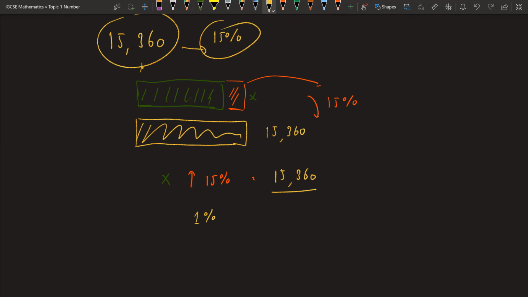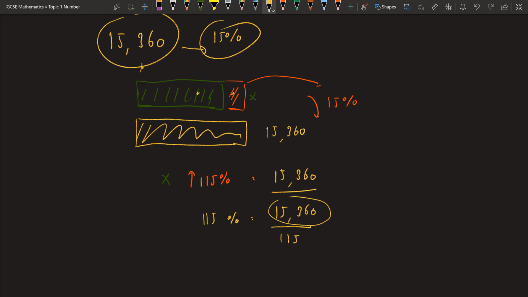Actually, this should be 115%. My bad. 115% is equal to 15,360, because it's some amount first and added by the 15%.